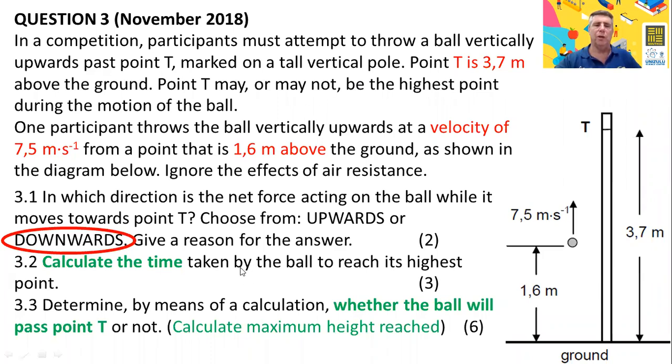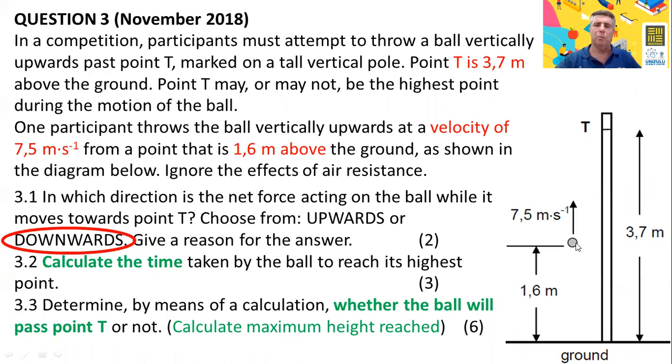Then let's take some more time on 3.2 and 3.3. Calculate the time taken, that's what's required, and determine whether the ball will pass point T or not. So here it's not quite obvious what is required, but of course what you must do is calculate the maximum height reached, and then you'll be able to see whether that is more than 3.7 meters or not.